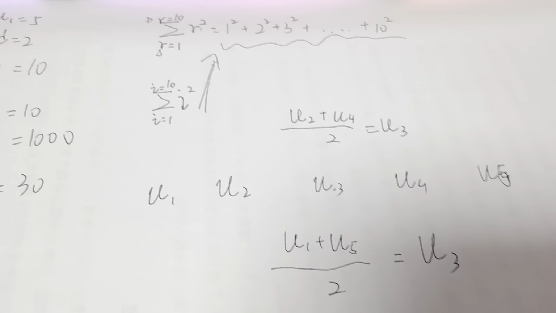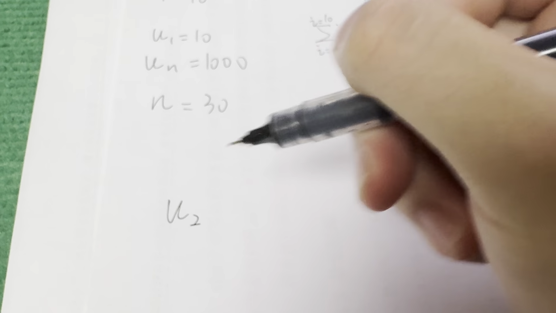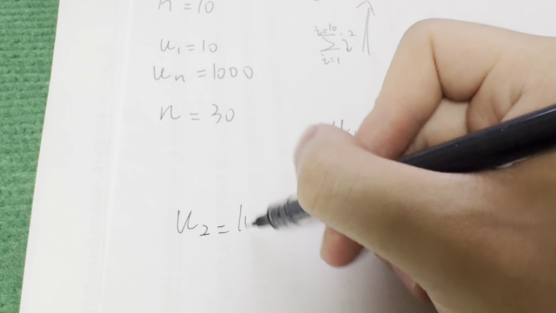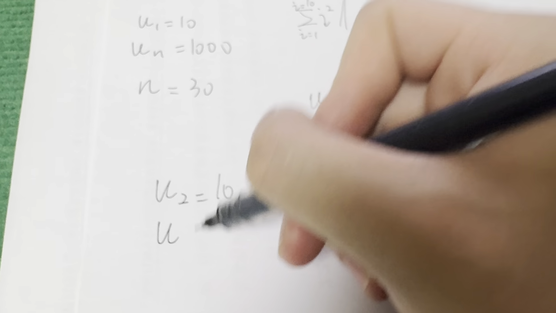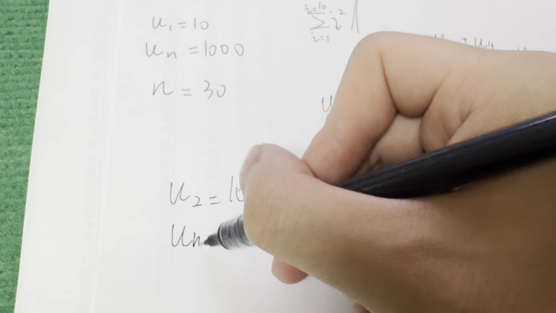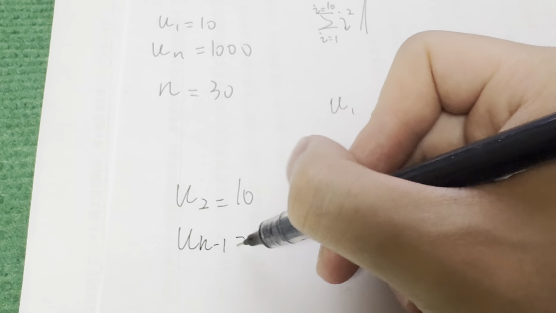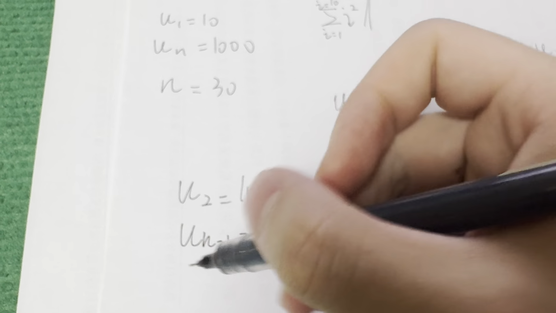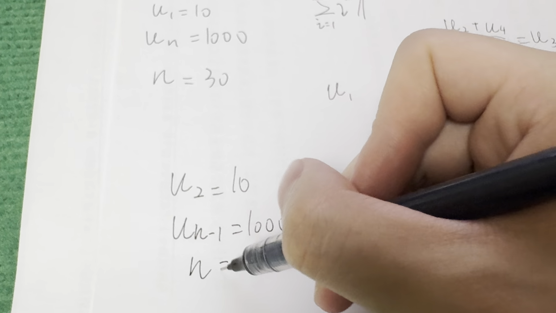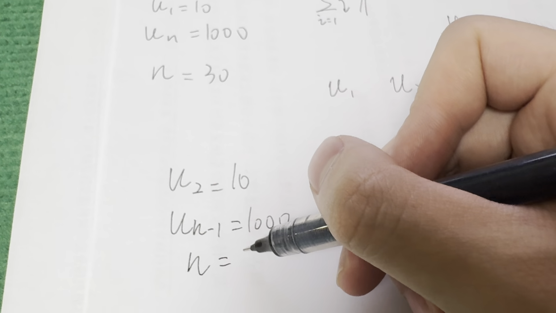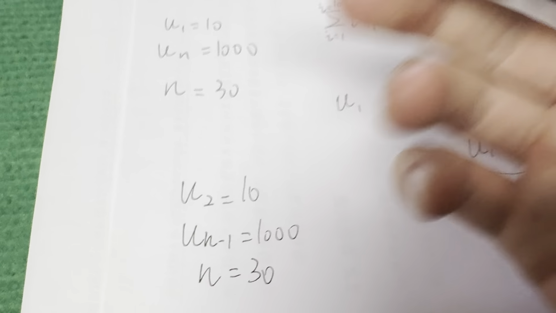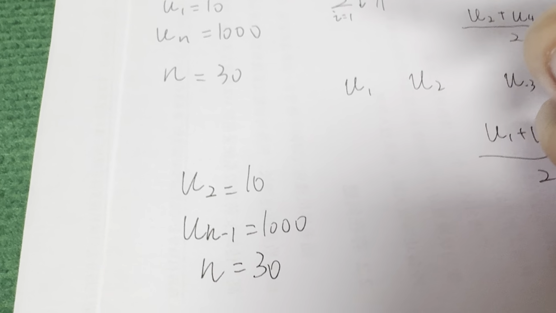What do I want to say? I want to say that, for example, if you know the second term is 10 and the term before the last term, which is u(n minus 1), is equal to 1000, and you know that n is equal to 30, how can we calculate Sn?